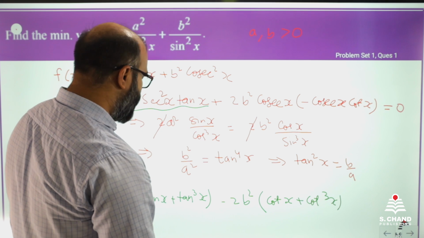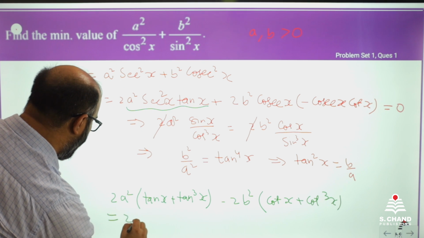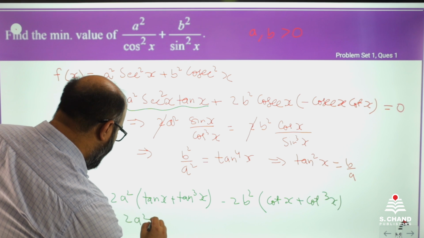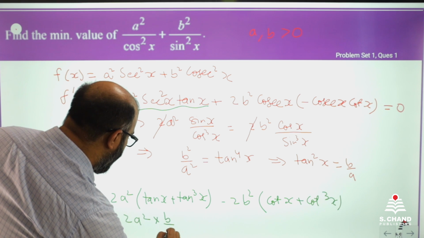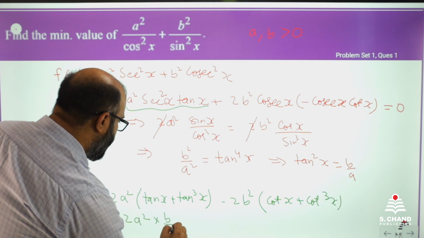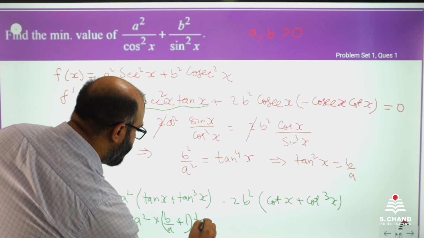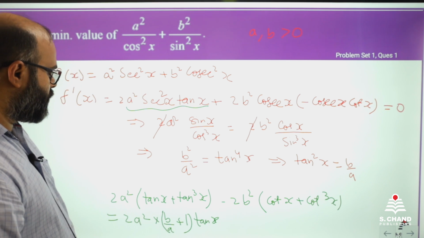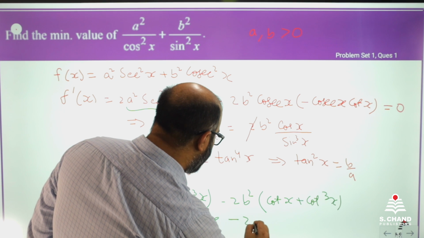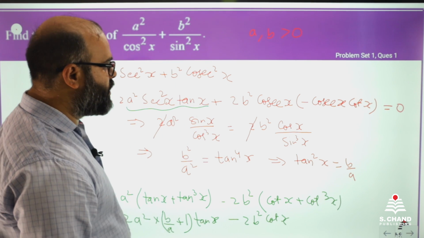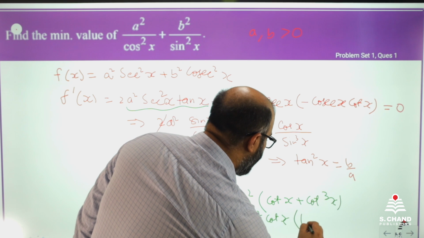Now we know that tan square x is equal to b by a. So this will become b by a plus 1 into tan x, like this. And here minus 2b square cot x, and 1 plus cot square x is 1 plus a by b.